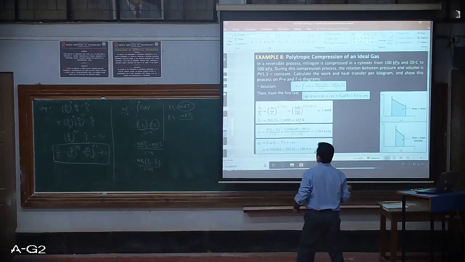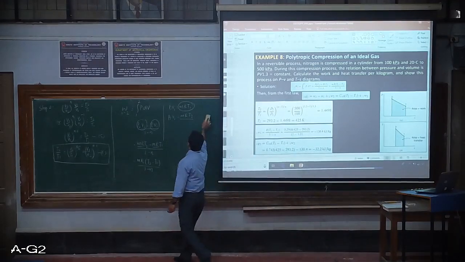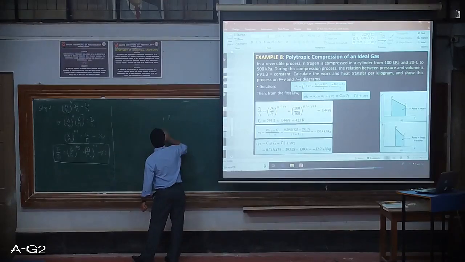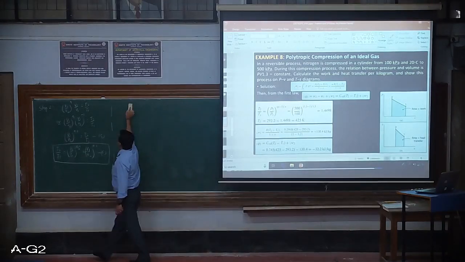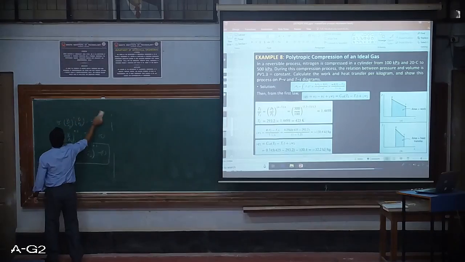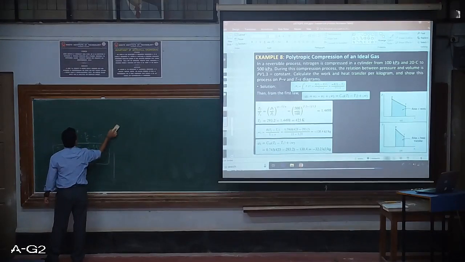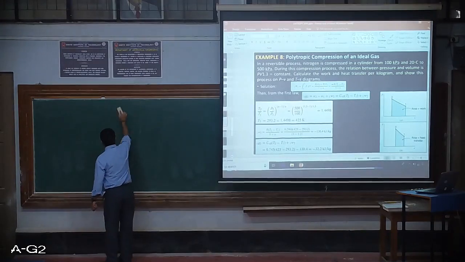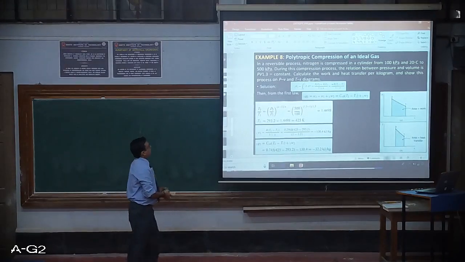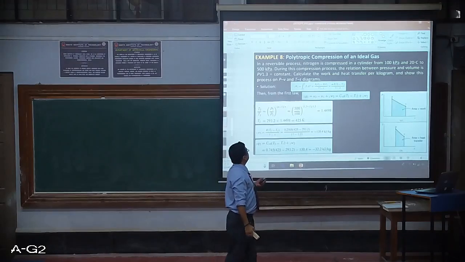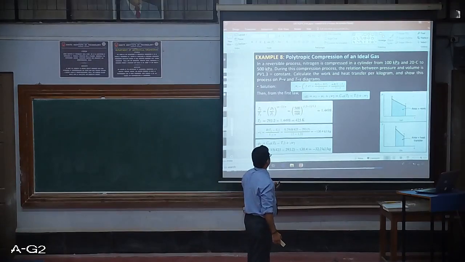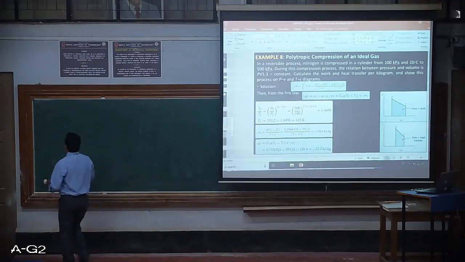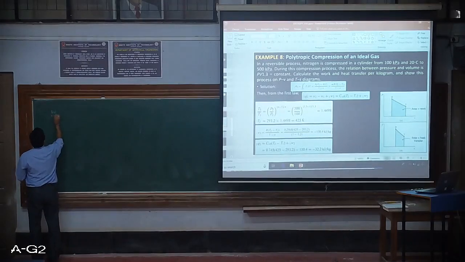Let us solve this. What is asked here is the work transfer and heat transfer. If we apply the equations, we can directly write work 1 to 2.